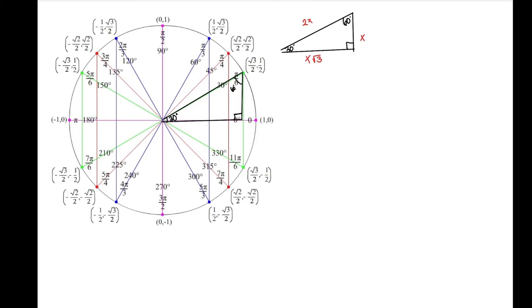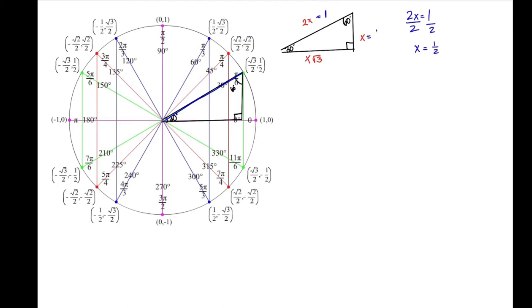Okay, great. Now we know that our radius, right here, is going to equal 1 always on the unit circle. So I have this equation now, 2x, this side is the ratio 2x, it's equal to 1. I can solve for x by dividing by 2 on both sides and find that x equals 1/2.